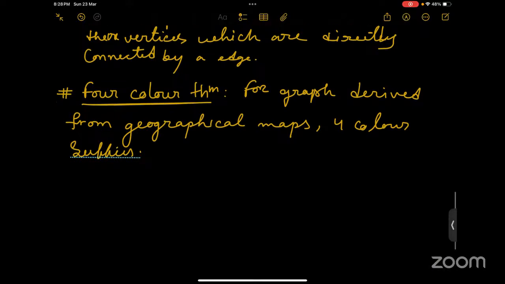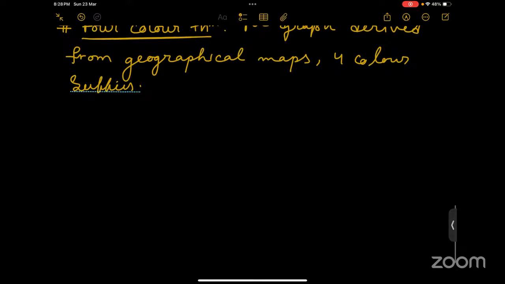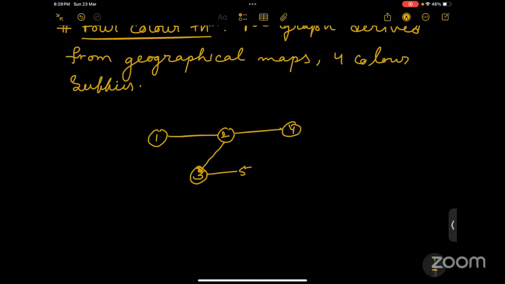Okay, so suppose we have this graph. Can you conclude how many colors we have to use to color this graph?